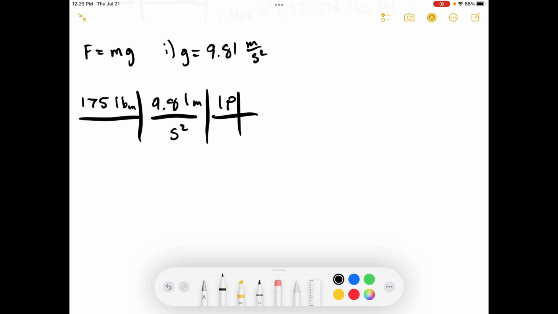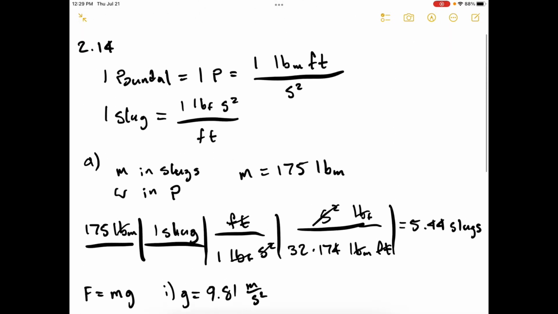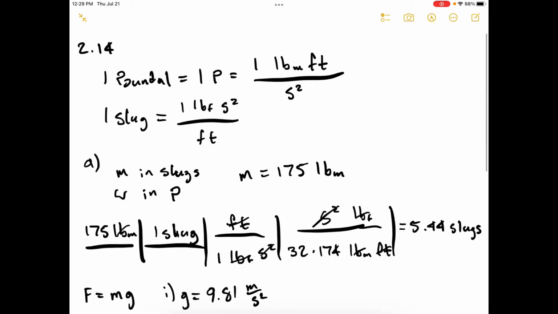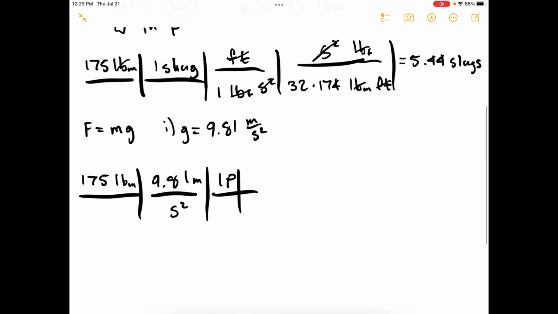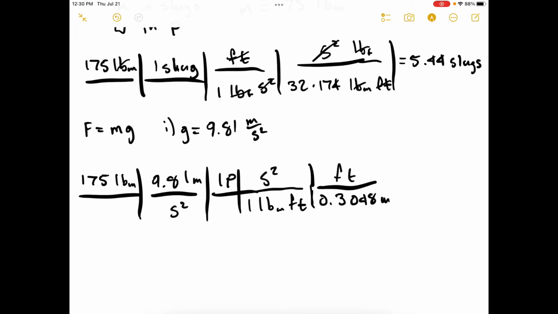1 poundal is equal to 1 pound mass foot per second squared. Then we need to convert meters into feet: 0.3048 meters per foot.